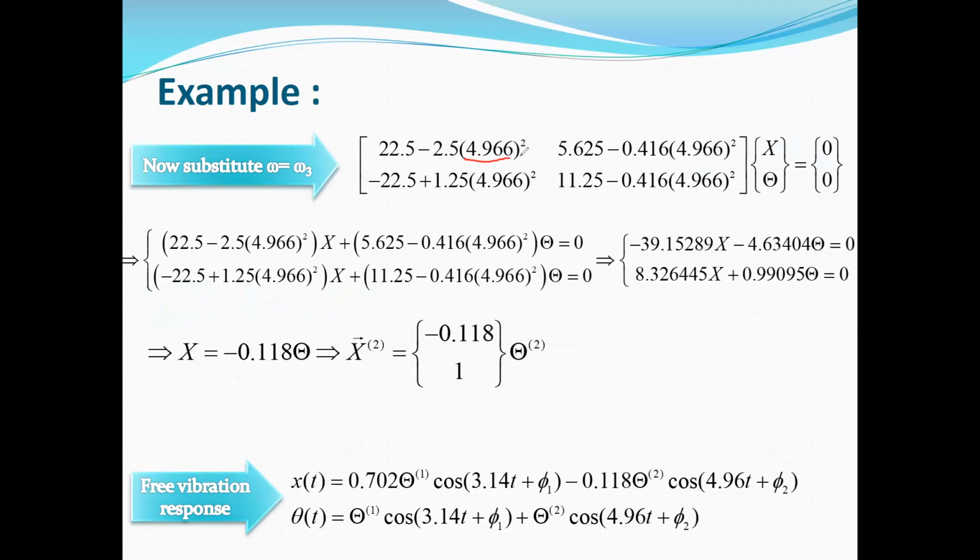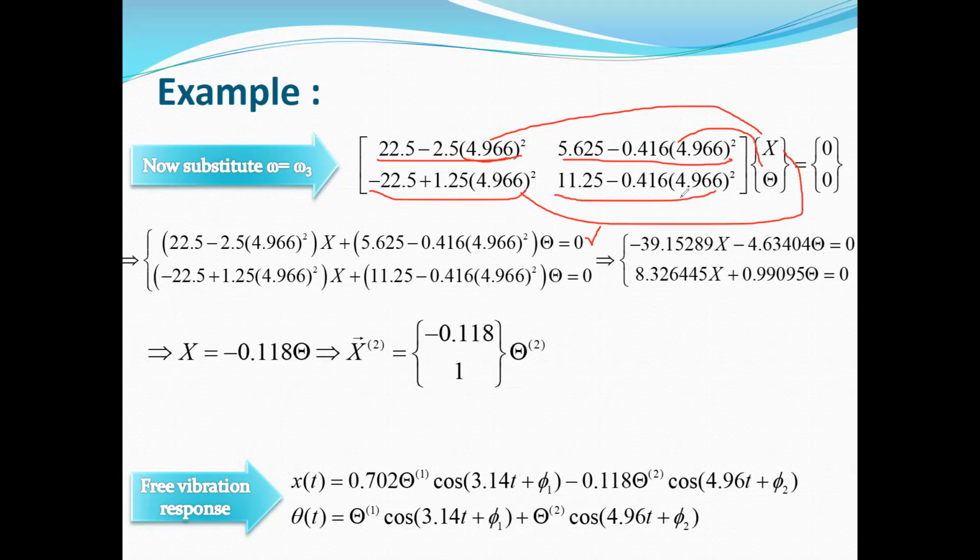The first equation is this component multiplied by X, and this component multiplied by theta is equal to 0. This is the first equation. The second equation is this component multiplied by X, and this component multiplied by theta, it must be equal to 0, which results in the second equation.